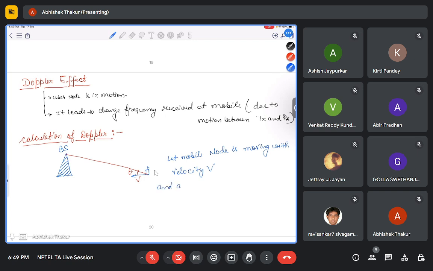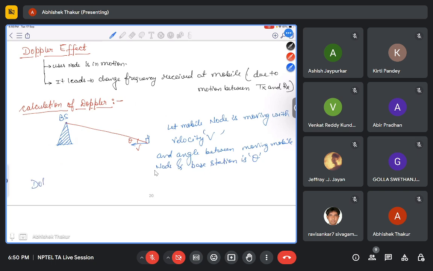So the Doppler shift fd is v cos theta by c into fc.